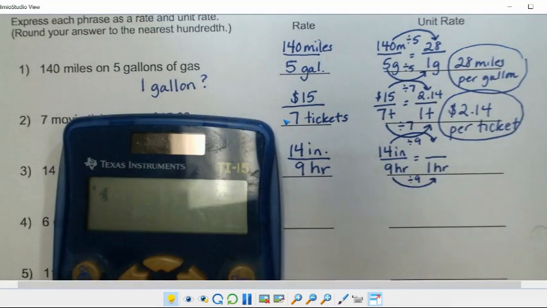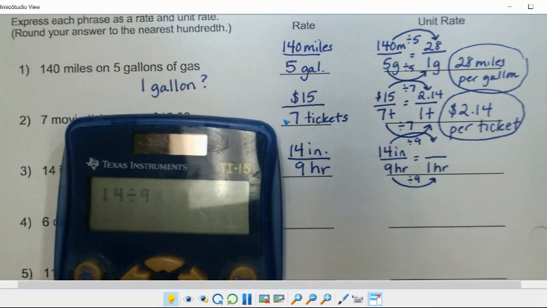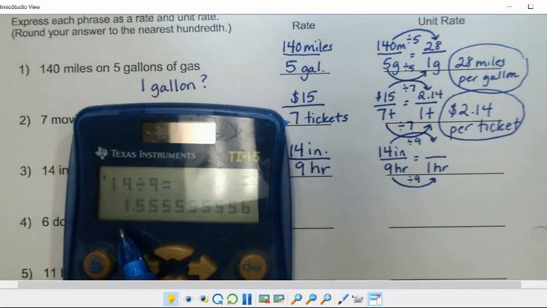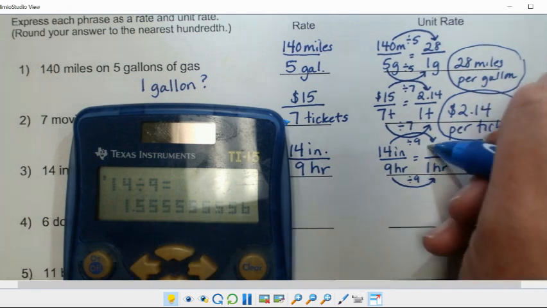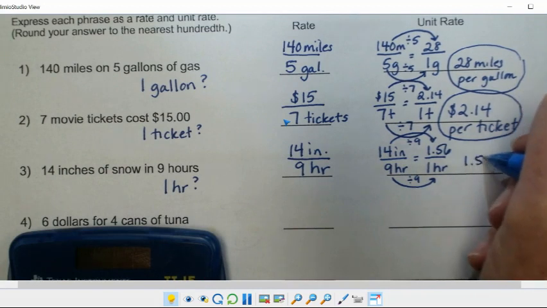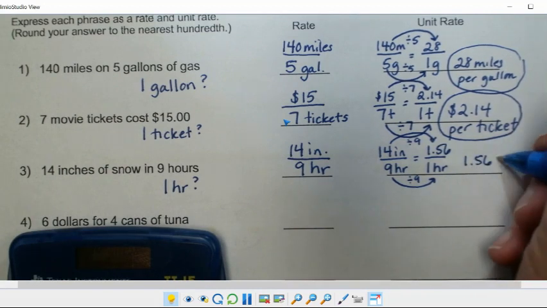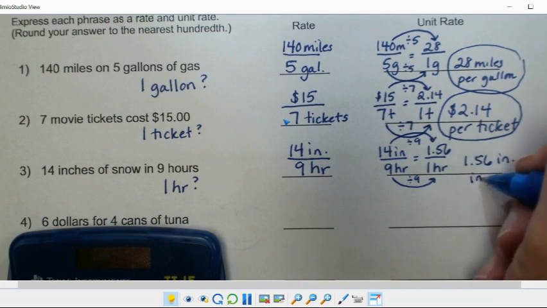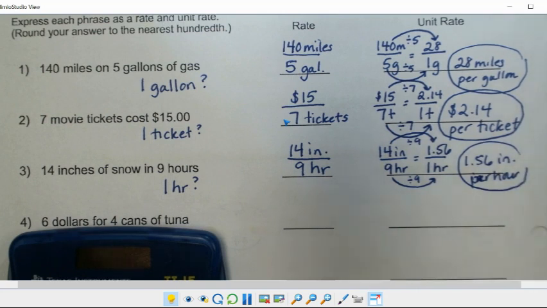In my calculator, 14 divided by 9, I've got a repeating decimal here. Since I have 1.55, my next number is 5, so that makes this 5 go up to a 6. So I have 1.56. My unit rate is 1 and 56 hundredths inches per hour.